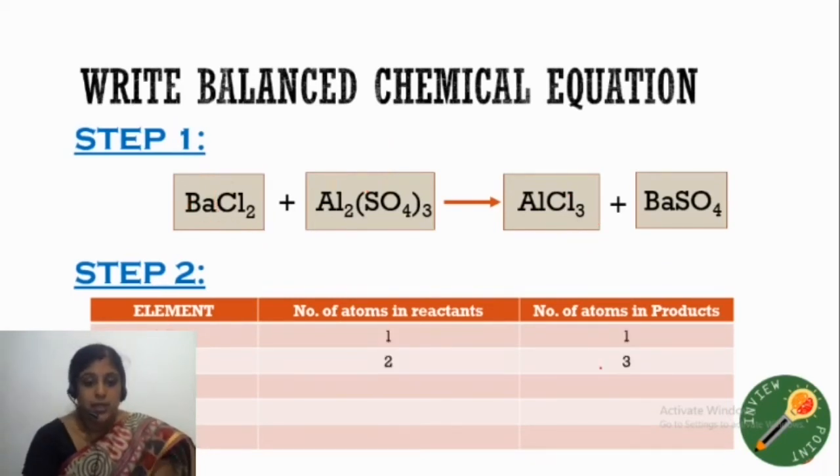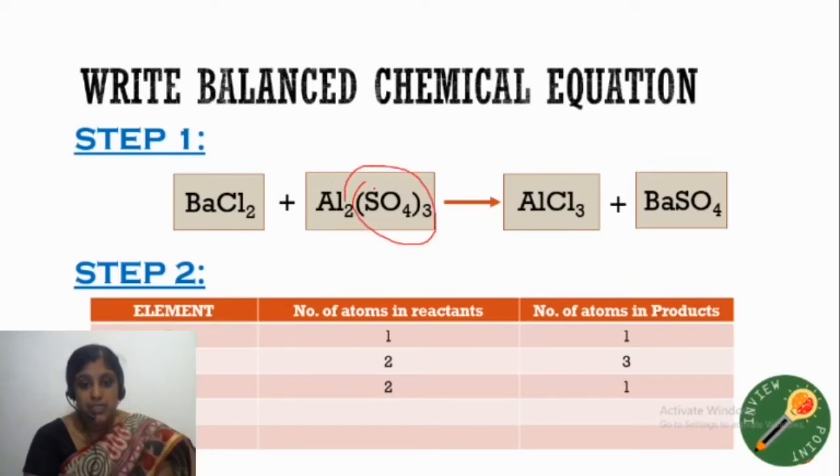Then let's take the aluminum element. In the reactant side it is Al2, so there are 2 aluminum atoms in the reactant side, and in the product side it is Al, so there is 1 atom in the product side. Then next is sulfur, right? In the reactant side it is (SO4)3.